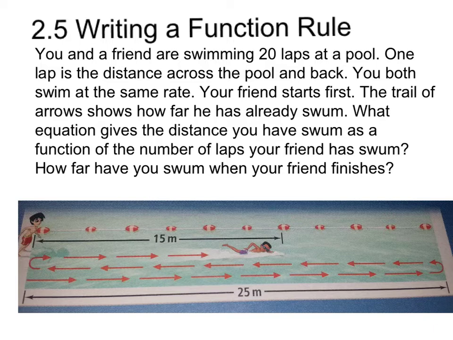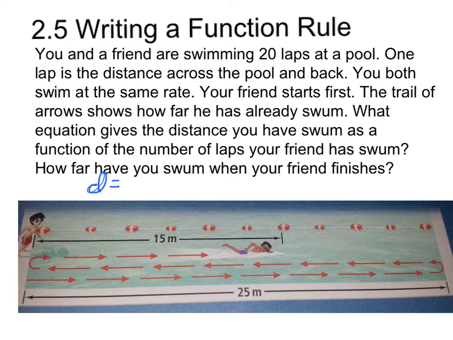So what you have to do is write your distance, which we're going to say D, is equal to a function of how many laps your friend has swum. So we're going to use L. L represents the number of laps your friend has swum, not you, in order to figure out how many total meters you have gone.